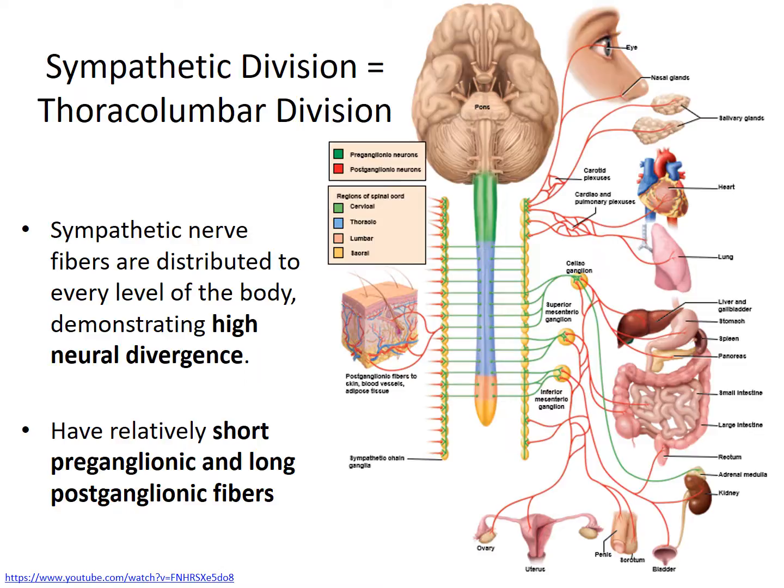The two-neuron pathway of the sympathetic nervous system has short preganglionic fibers because they only have to reach to the paravertebral ganglion or the sympathetic chain ganglion, and then longer postganglionic fibers that go all the way out to the effector organs.